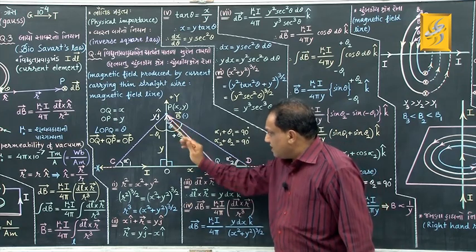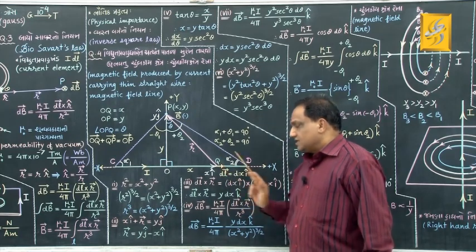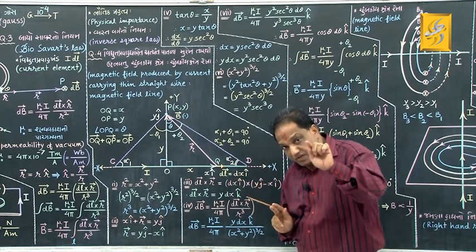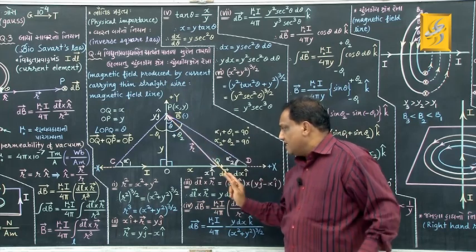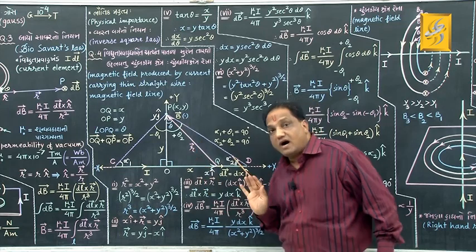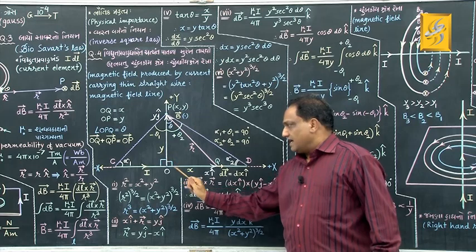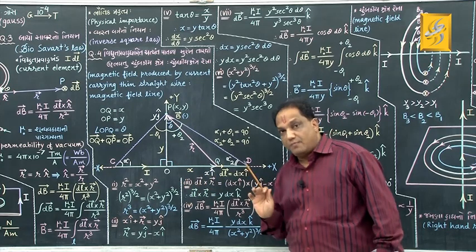Distance OP is y. And with respect to this length element, the position vector of the point of observation is vector QP, which is shown by the symbol vector r. Because it is a right angle, the side opposite to it will be the hypotenuse.